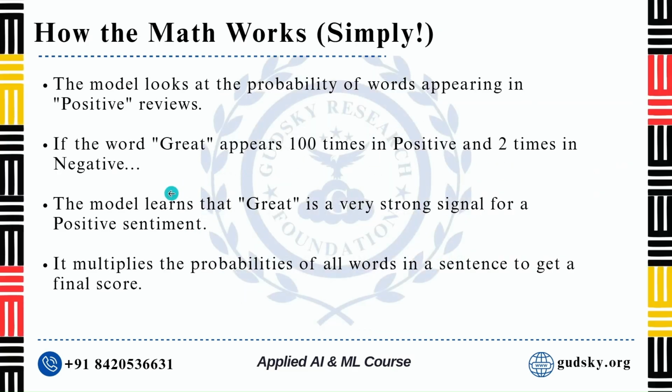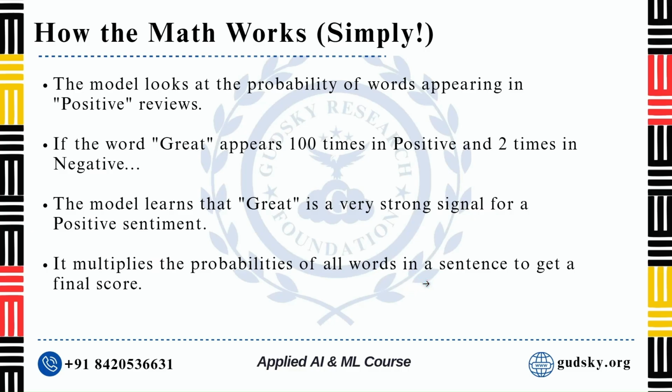How the math works. Here is the secret. The model learns through counting. If the word great appears 100 times in the positive reviews, but only twice in negative ones, the model assigns great a very high probability of being positive.